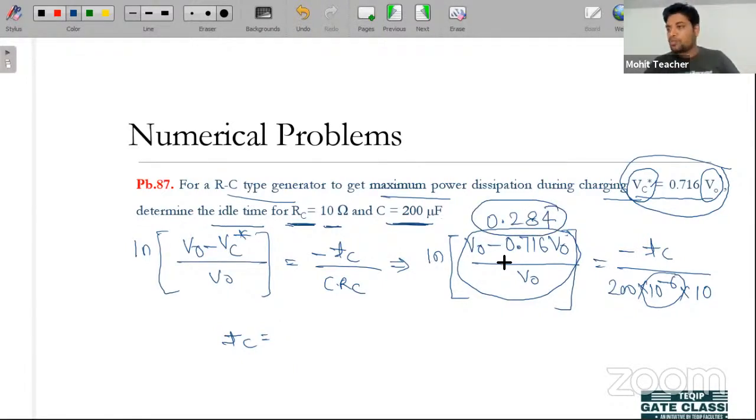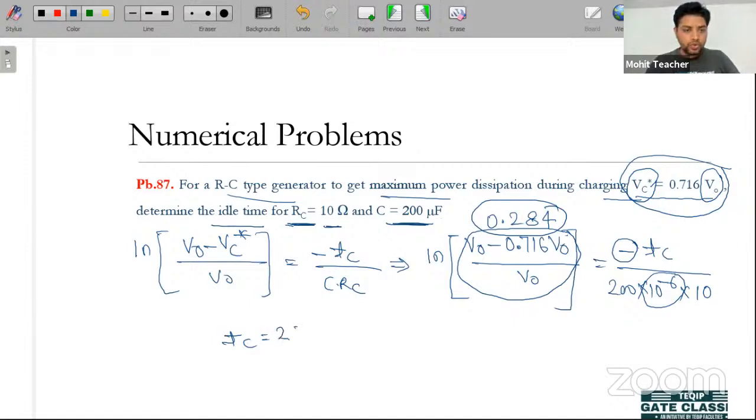So that is ln 0.284. If the value inside the ln is less than 1, then the answer will be negative only. So if you get a negative answer over here, then the negative will be cancelled out, since this side also has a minus. So that will become plus only. By the way, the value is correct.